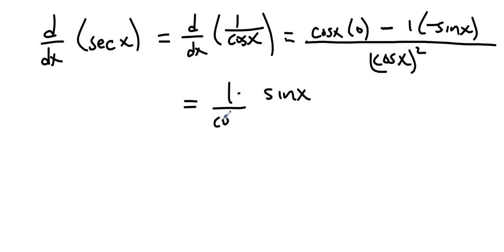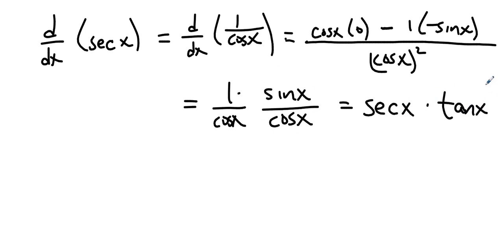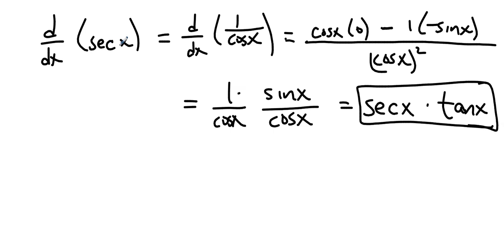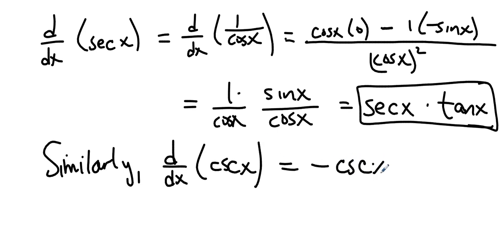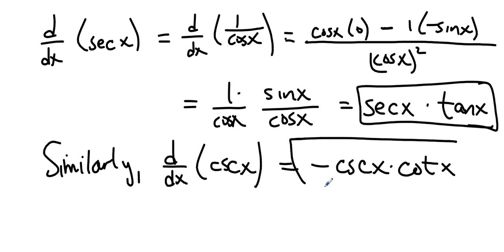The denominator is cosine x times cosine x. And so the way this is usually written in calculus textbooks, 1 over cosine x is secant x, and sine x over cosine x, that's tan x. And so the derivative of the secant function is secant x tan x. In a similar way, the derivative of the cosecant function is negative cosecant x, oh, that's a cotan, so sorry, cotangent x.